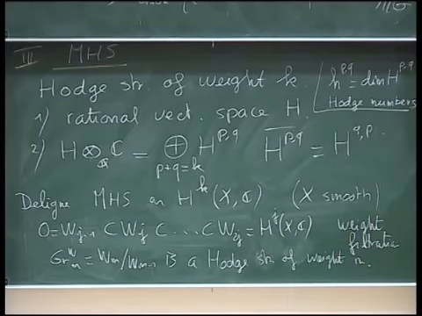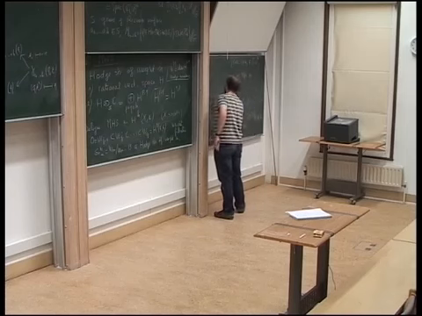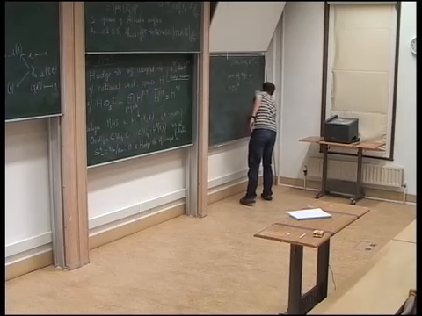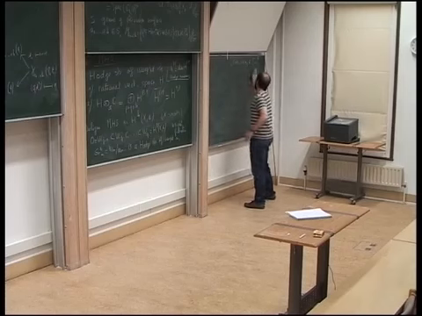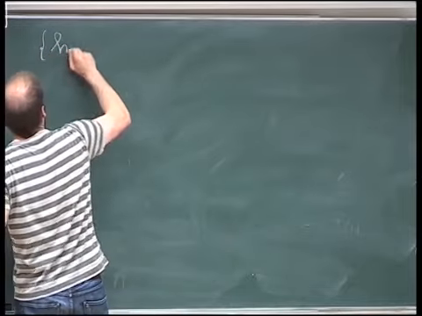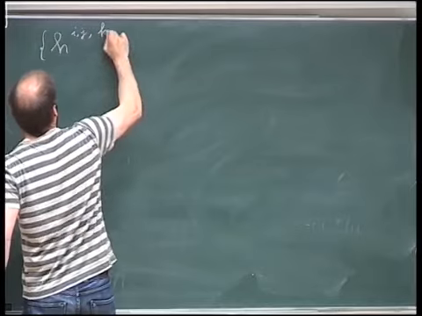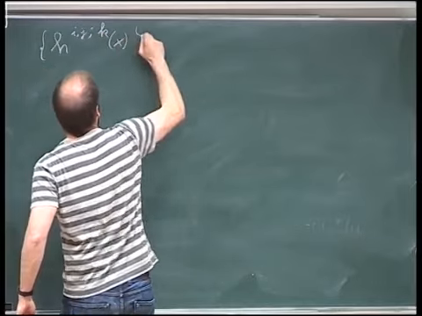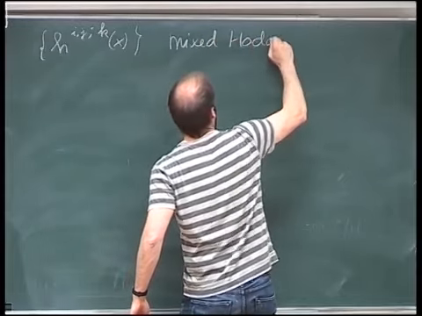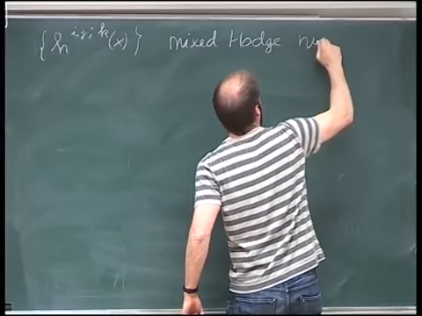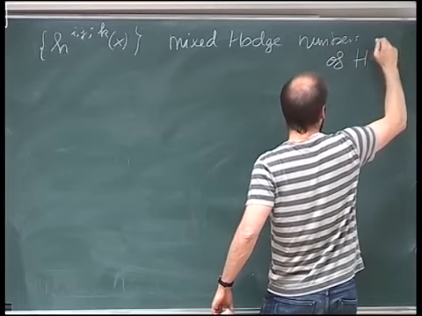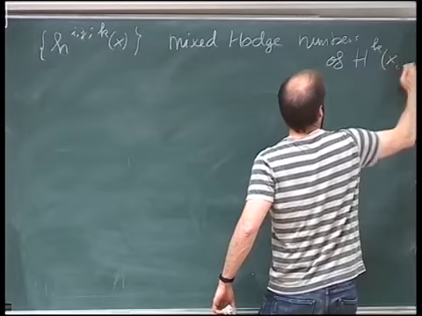Then you can define the mixed Hodge polynomial, which is what we will use. First, h^{i,j;k}(X) are the mixed Hodge numbers of H^k(X).